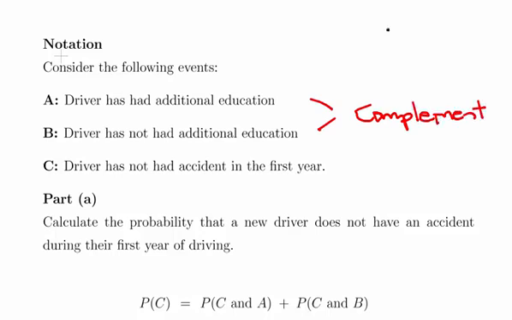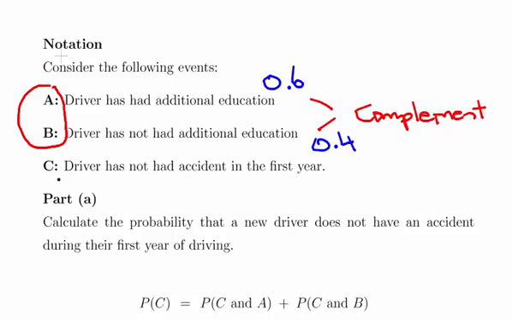There's no other possibility allowed for. If you're a new driver, you have to be part of one of those two groups. And if I recall correctly, it's 0.6 for this one and 0.4 for that one, the probability of those two events. Now, C is a different event altogether: has not had an accident in the first year.